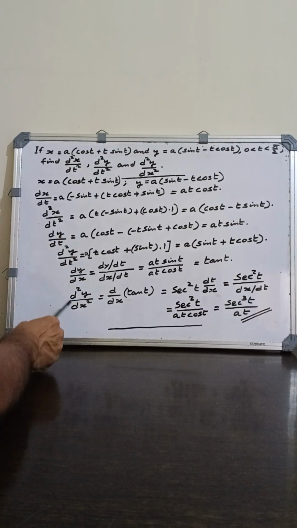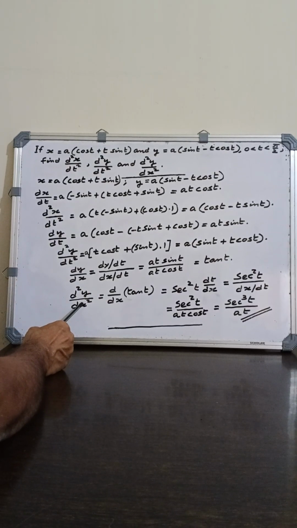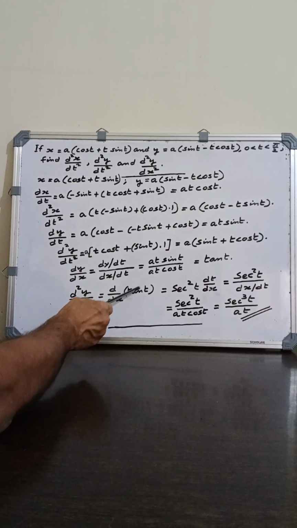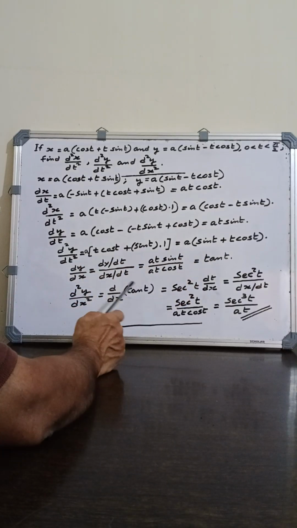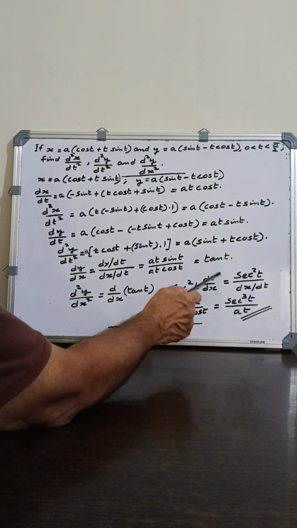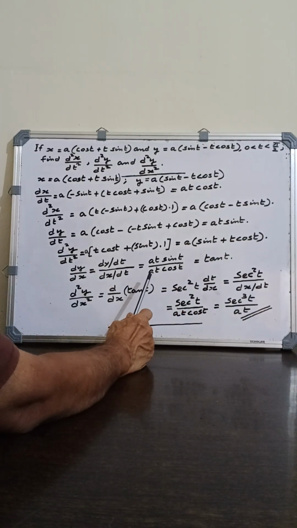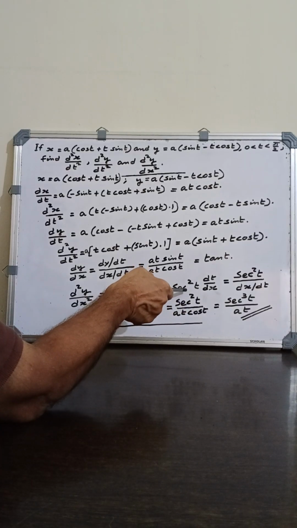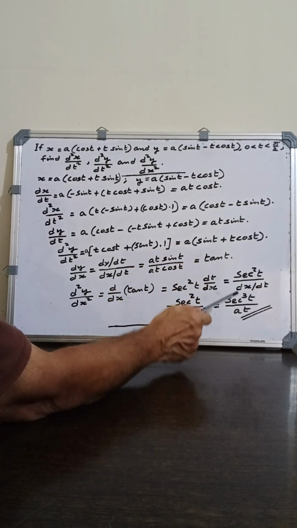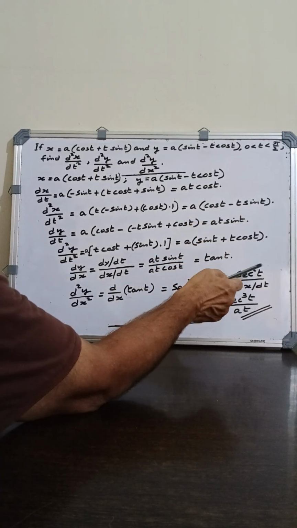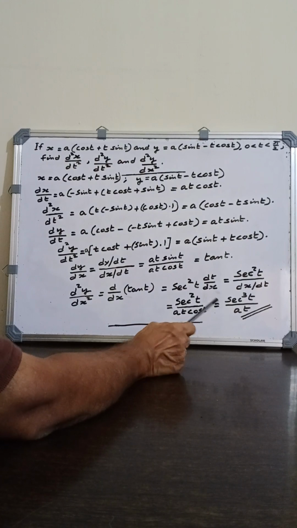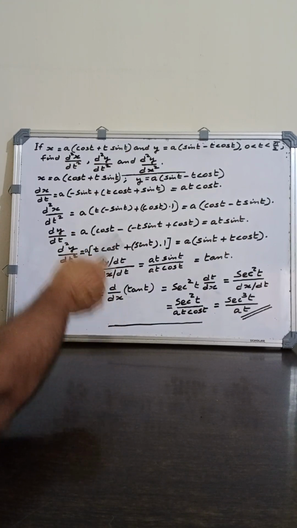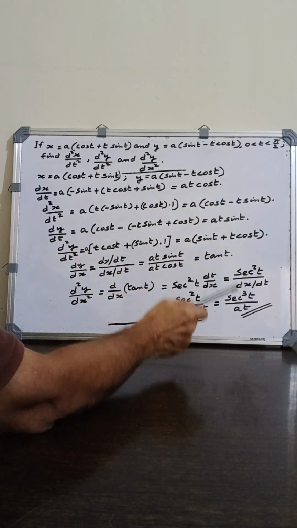Next, d2y by dx squared equals d by dx of tan t, which is the derivative of dy by dx. d by dx of tan t equals sec squared t into dt by dx, since t is implicit. Therefore, sec squared t into dt by dx, that is sec squared t by dx by dt. dx by dt is defined as a t cos t here.